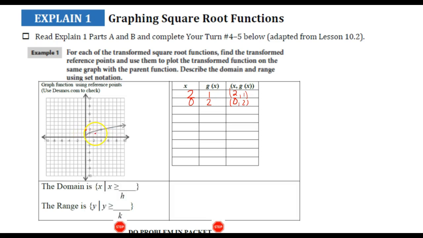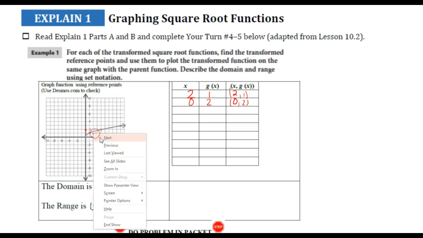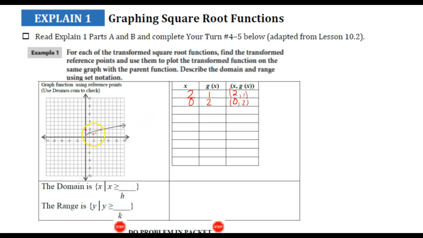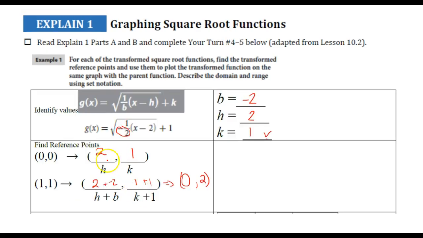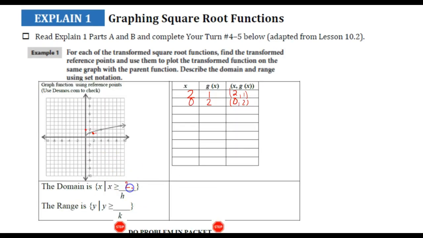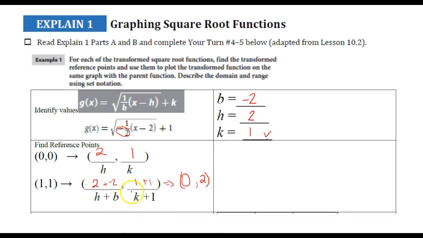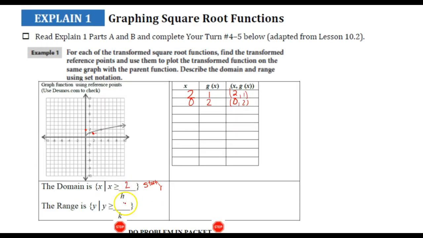Before we go and verify these points, we are going to use our h and k value. Remember, our h value was 2, so that's the starting x value, and the k value was 1.